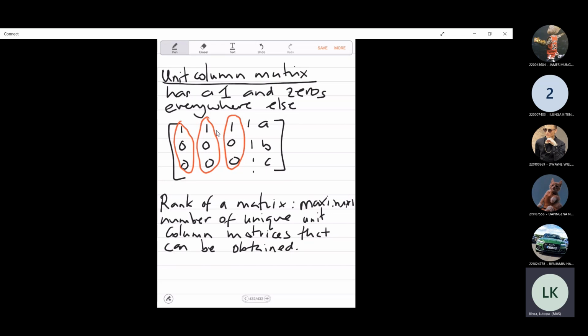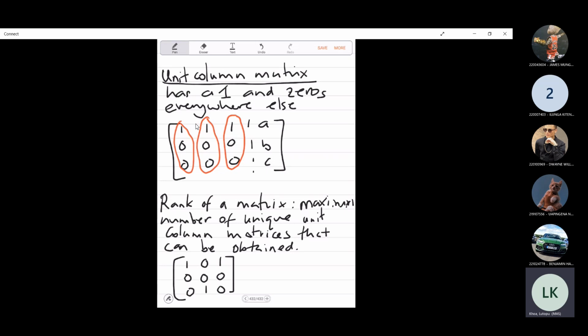Okay, so you start with your system, you perform Gaussian elimination as far as you can, and then you count the columns that have a 1 in a unique position. So if I have a matrix like this, let's say this is 1, 0, 0, 0, 0, 1, and then 1, 0, 0, like this.